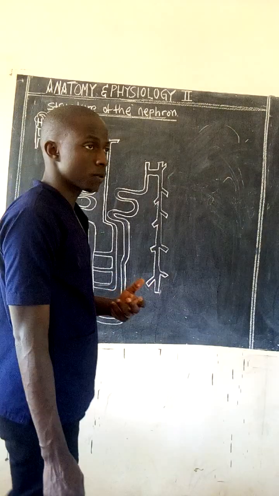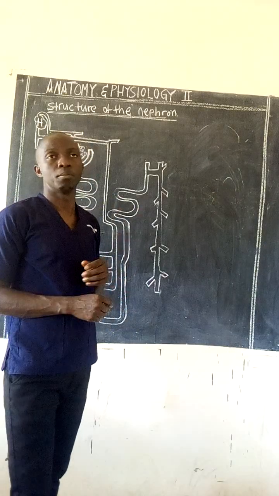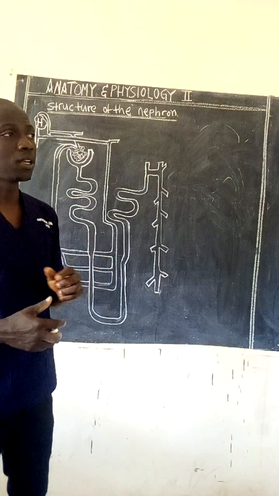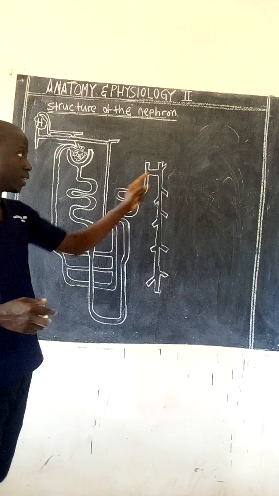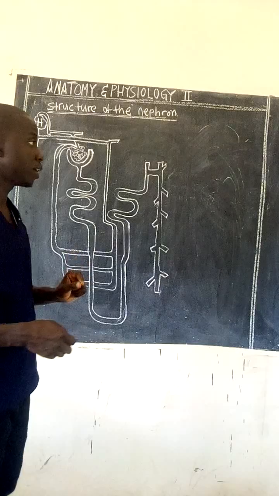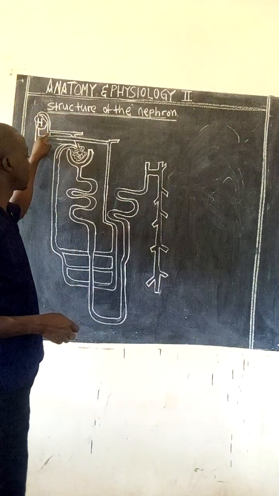Oxygenated blood is pumped through the aorta to supply other parts of the body. And amongst those parts of the body that need to be supplied is the kidney. And how does the kidney get this blood? It is blood leaving the heart through the aorta.